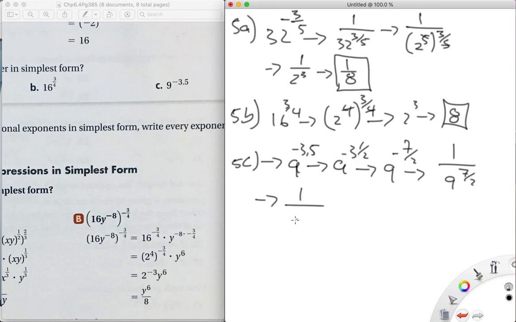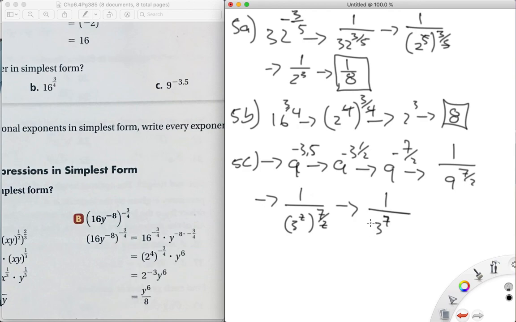So 1 over 3 squared raised to the 7 halves. The 2's cancel. 1 over 3 to the 7th power.